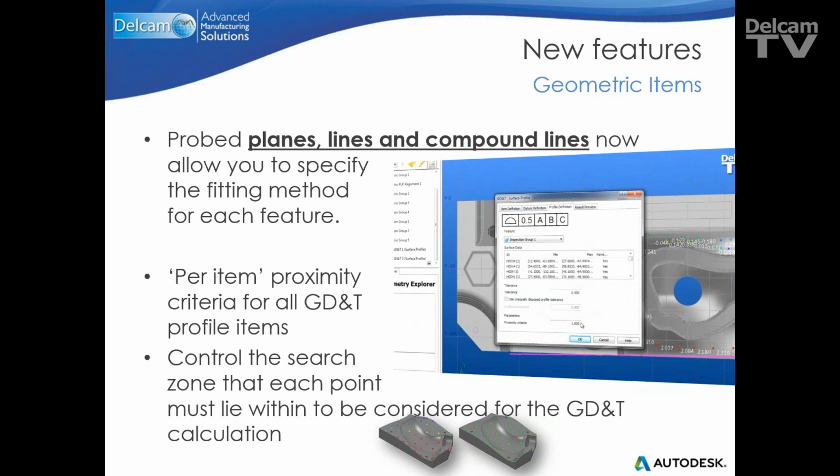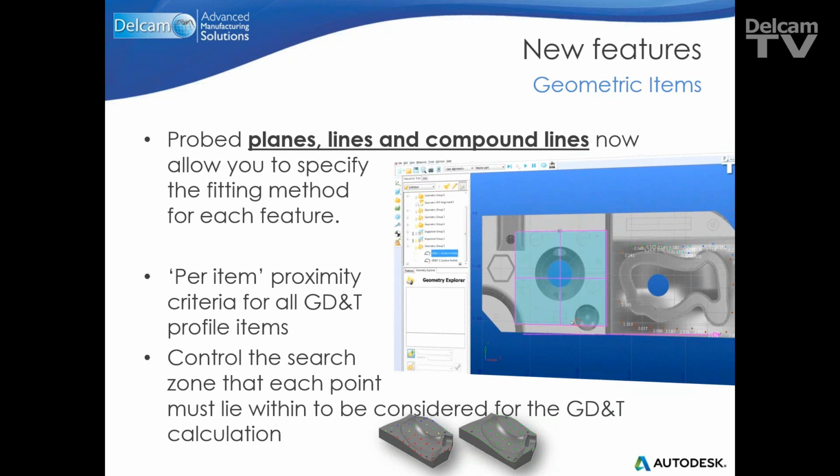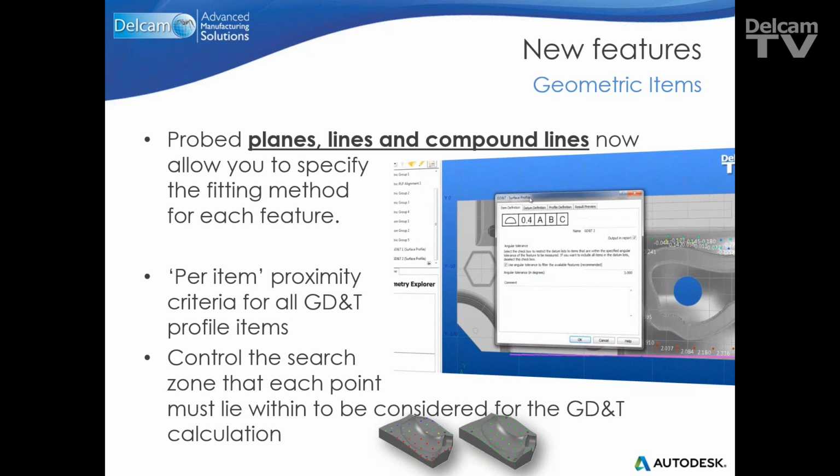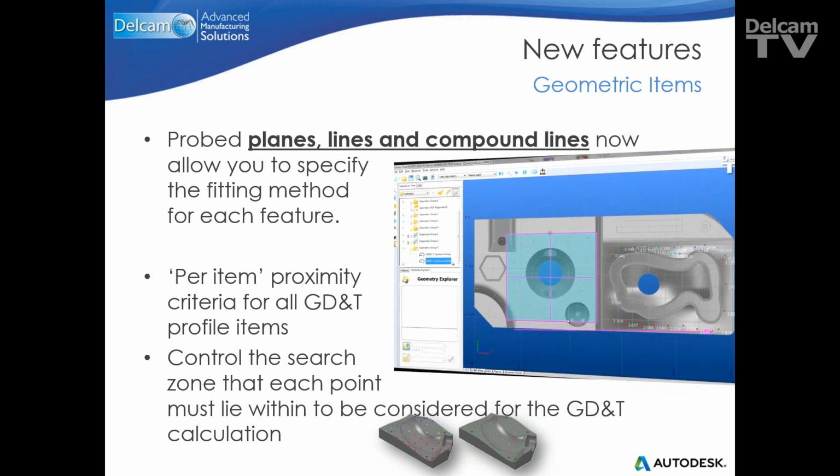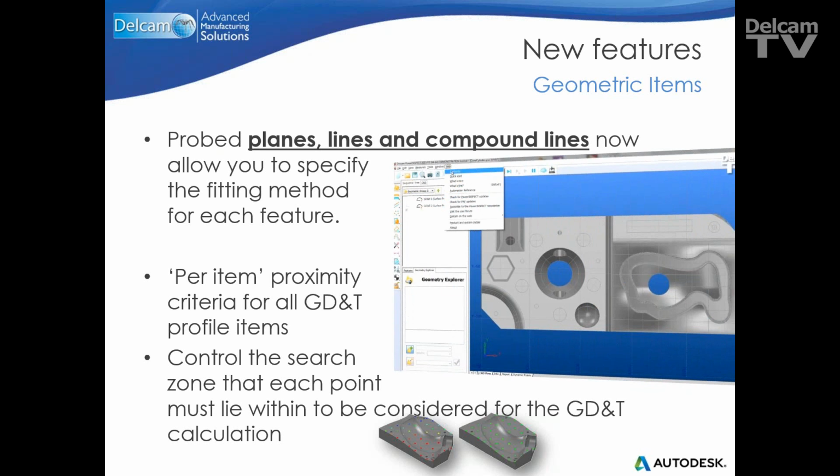So we can see there on the video that the pink line at the bottom is slightly inside the CAD model. Let's just explain a little bit about maximum material condition and minimum material condition.